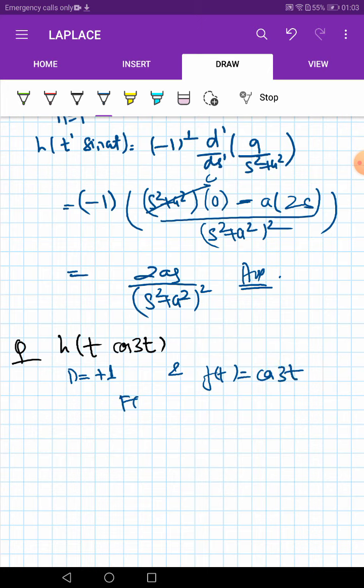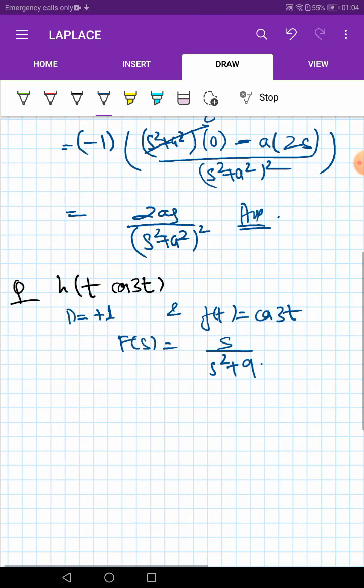So what is the Laplace transformation of cos at? It is s by s square plus a square. Here a is 3, so s by s square plus 3 square, which is 9. Now put the values in the formula: minus 1 power n d^n by ds^n, so it is 1, 1, F of s.